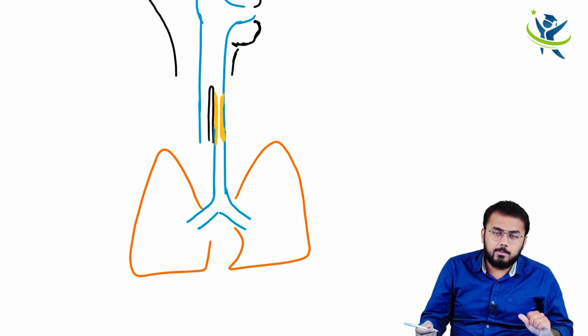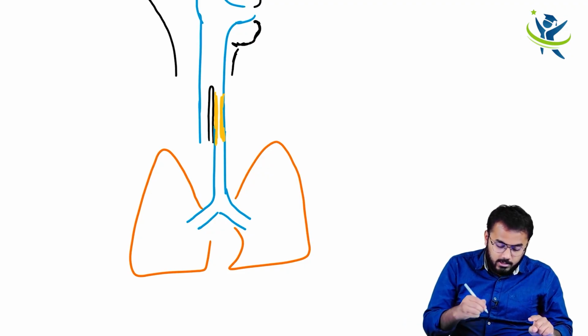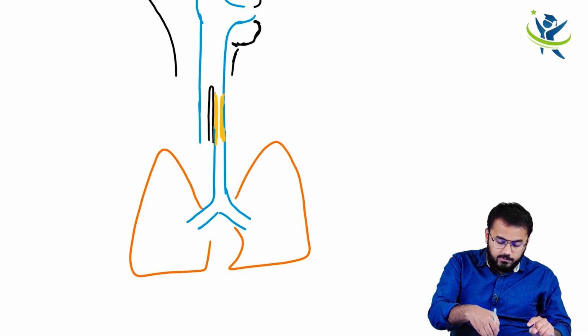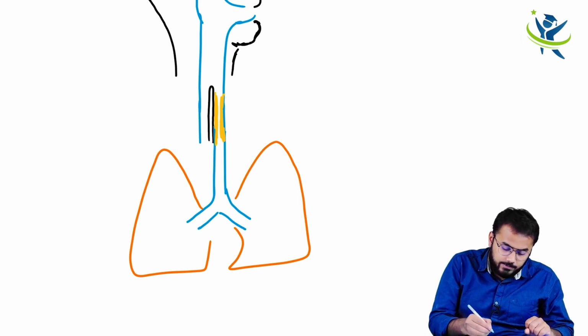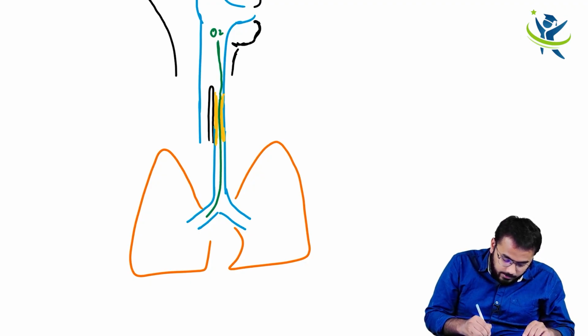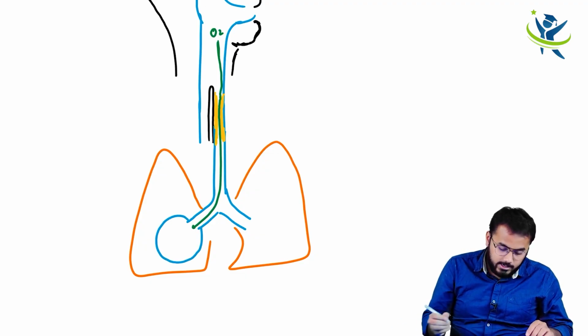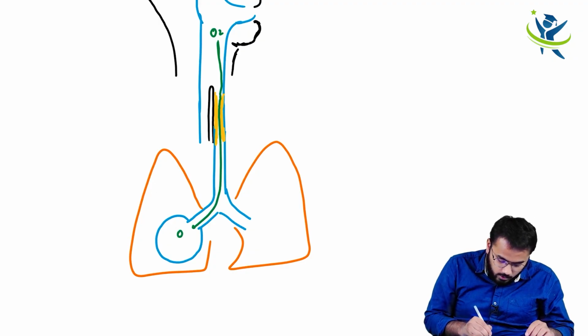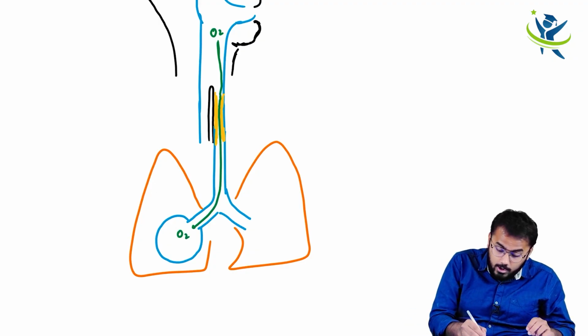Now when the lumen has become narrow, tell me, will a sufficient amount of oxygen be delivered to the lungs? For example, if this is your alveoli here, will a sufficient amount of oxygen be delivered to the lungs?